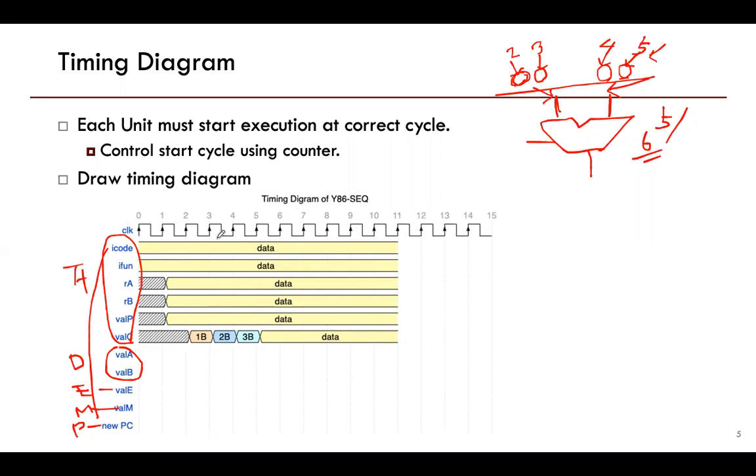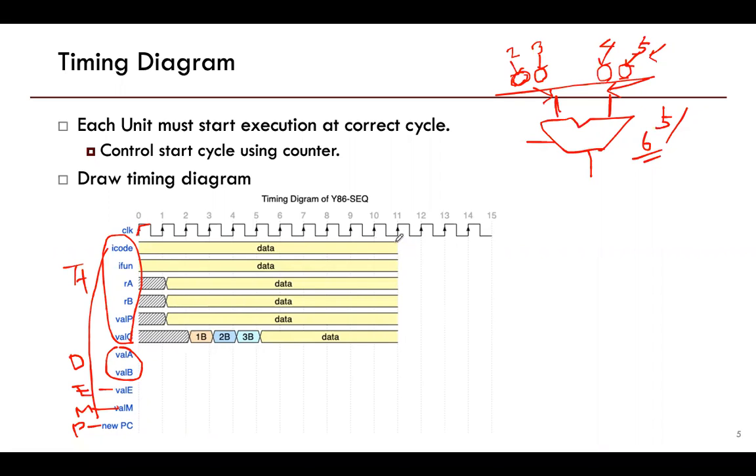In my design, it is valid at the first cycle, cycle 0, and then it will be available until some cycle. I didn't draw when it finishes, until when this icode or other values are available. I intentionally didn't draw it so that you figure out your own timing.